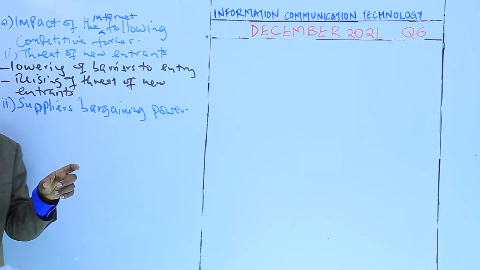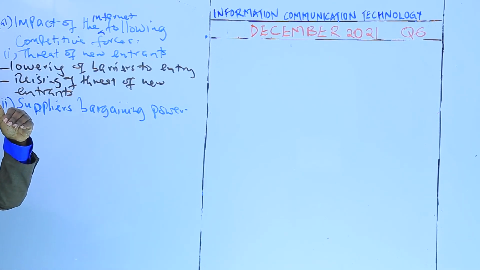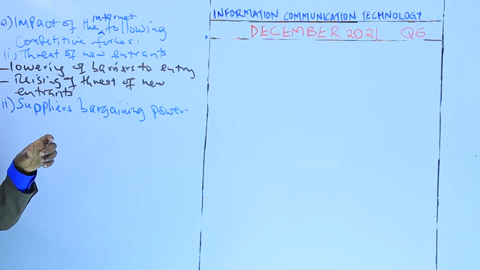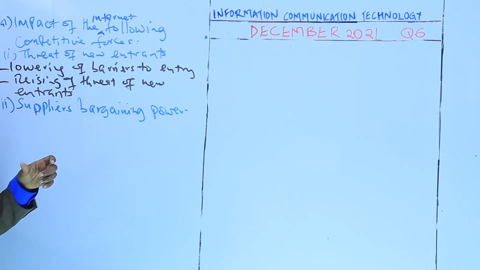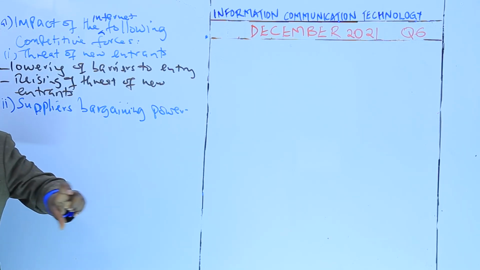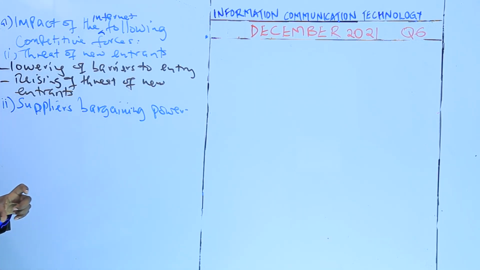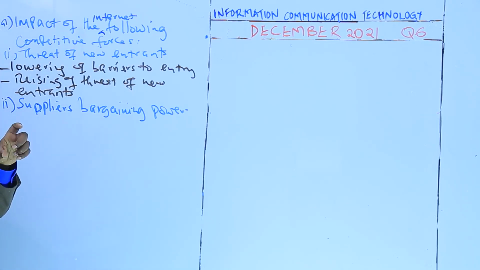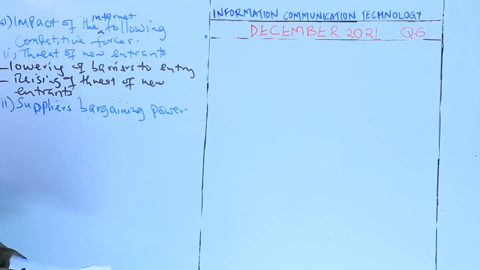As a result, suppliers' bargaining power may have been strengthened as they can bypass intermediaries, negotiate directly with customers, or establish their own online platforms.